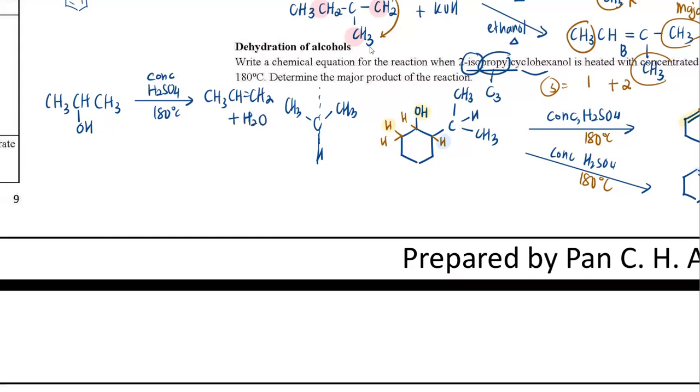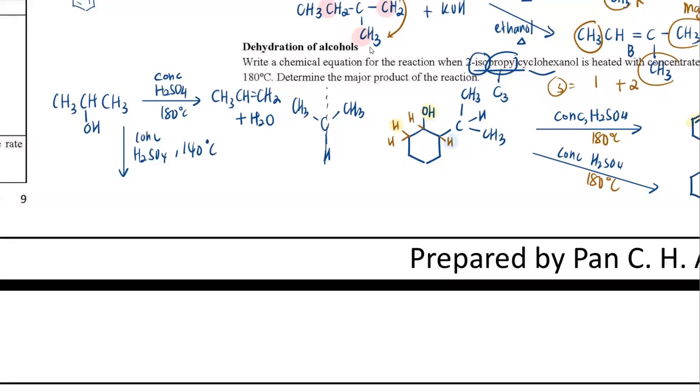But if your temperature is not enough, meaning less than 180, just around 140 or so, it will form an ether. So what is ether? Ether is something like this.